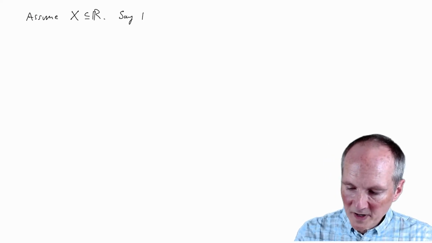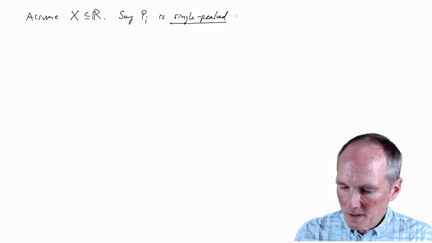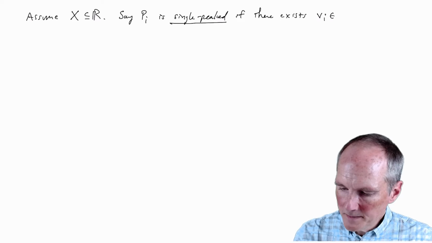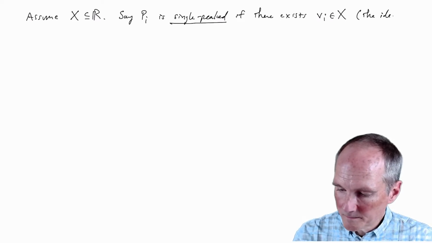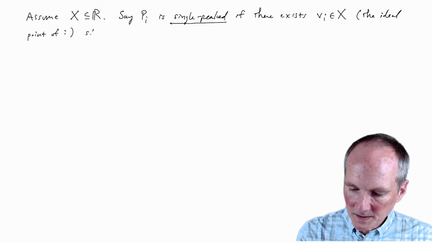Then we'll say a preference relation, P_i, is single-peaked if there exists an alternative, v_i, and that's going to be the ideal point, such that three things hold.